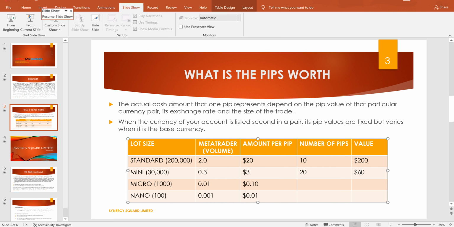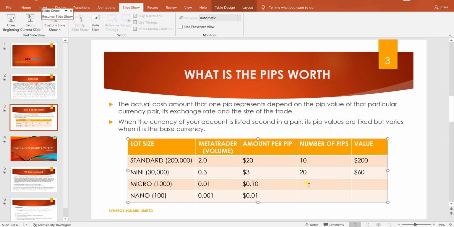I hope you're following. Then the same also applies to micro with 0.01, controlling 1,000 units of currency with the amount per pip being 10 cents.